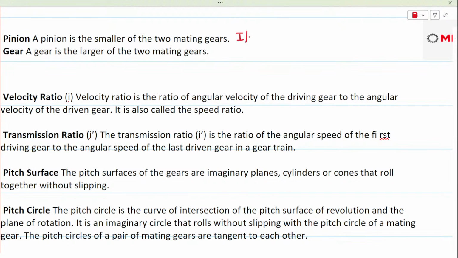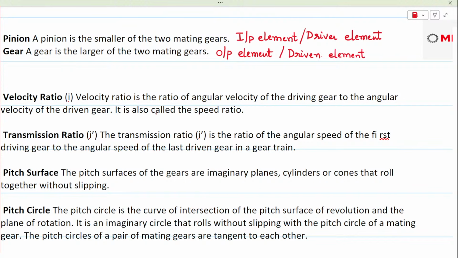This is the input element, or you could say this is the driver element. Both carry the same meaning. Gear is referred to as output element or driven element. Don't get confused. Driven or the output element.